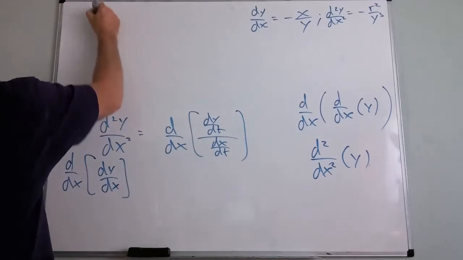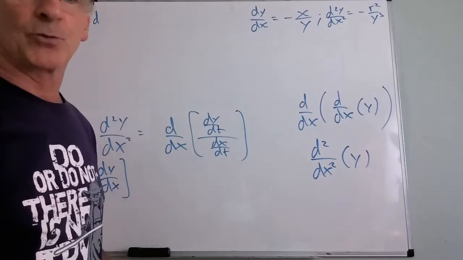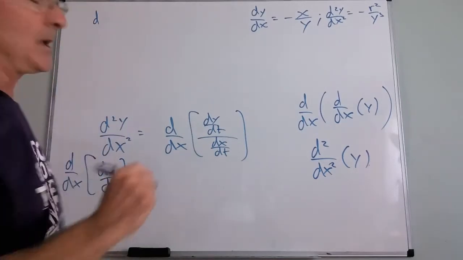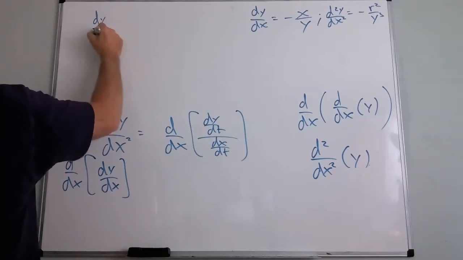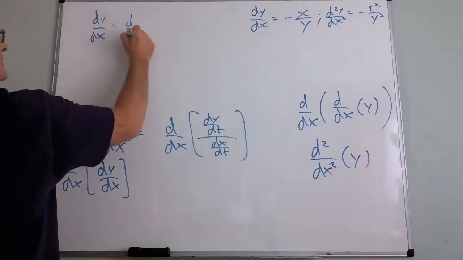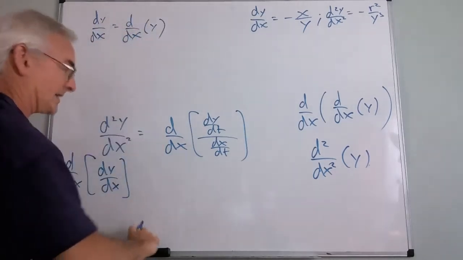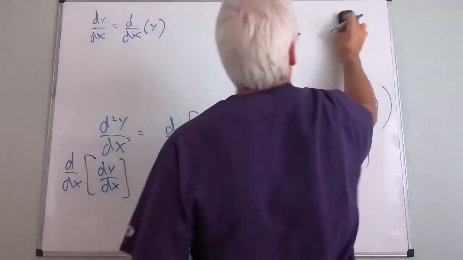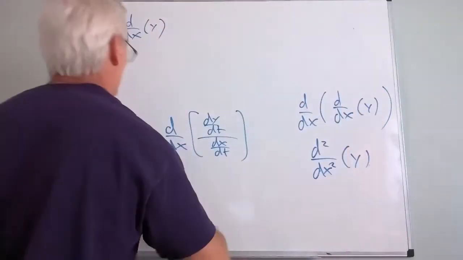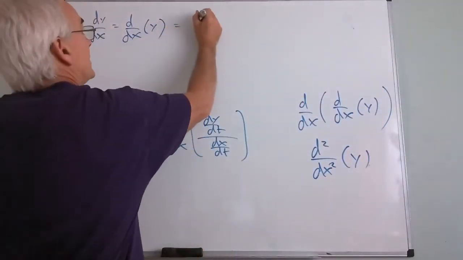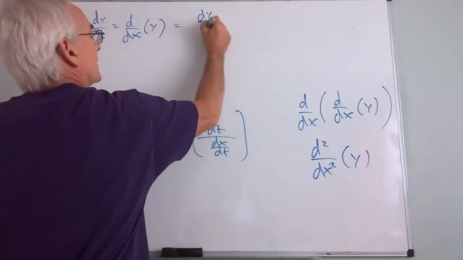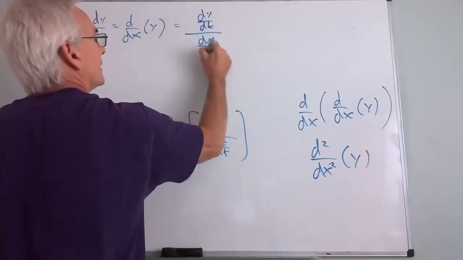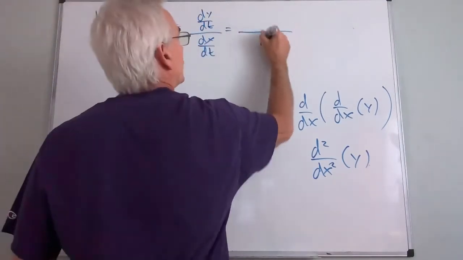I'm just going to write the first derivative right now. dy/dx is clearly d/dx of y. That's what it means. I'm doing the derivative with respect to x. And we know that's dy/dt over dx/dt. But I'm going to rewrite it a different way.